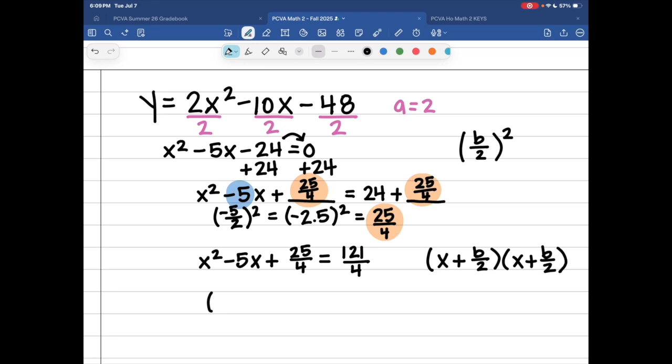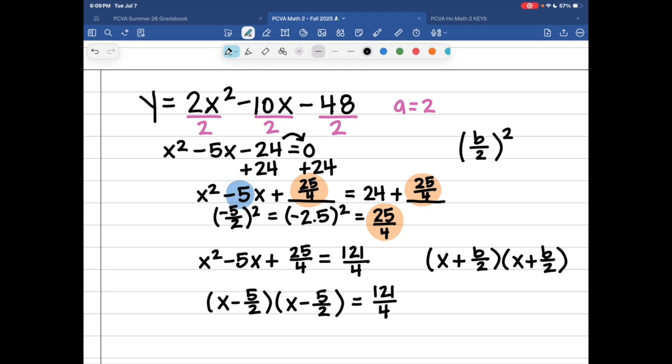So I know that this is going to be x minus 5 over 2, and then x minus 5 over 2, and that equals 121 over 4.